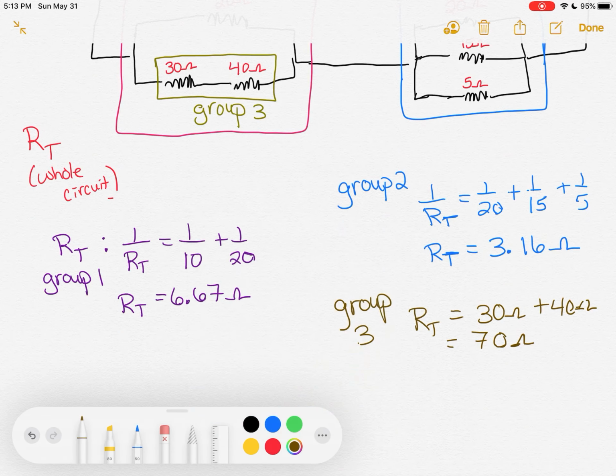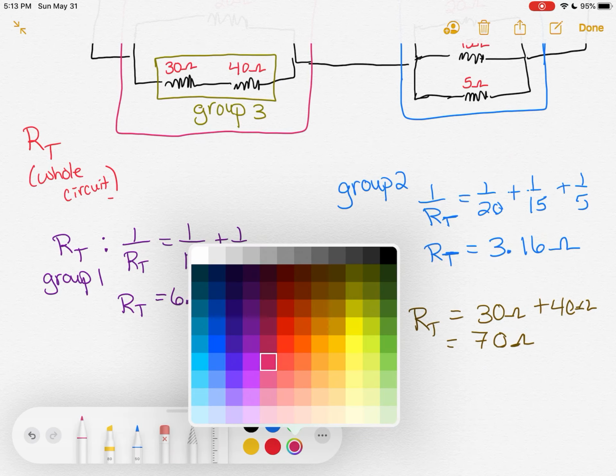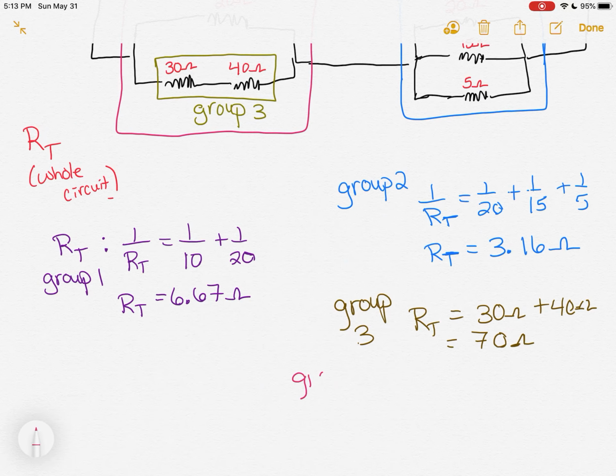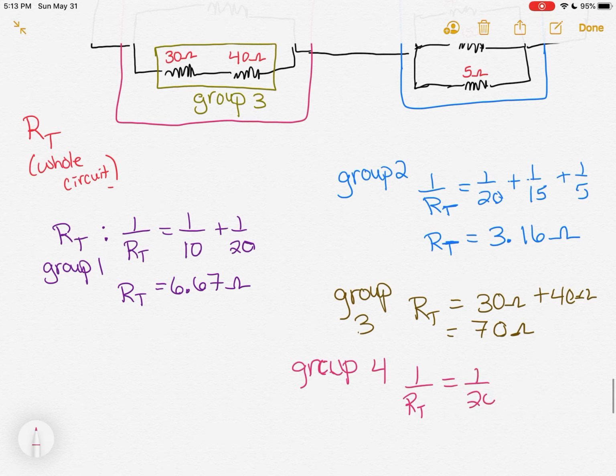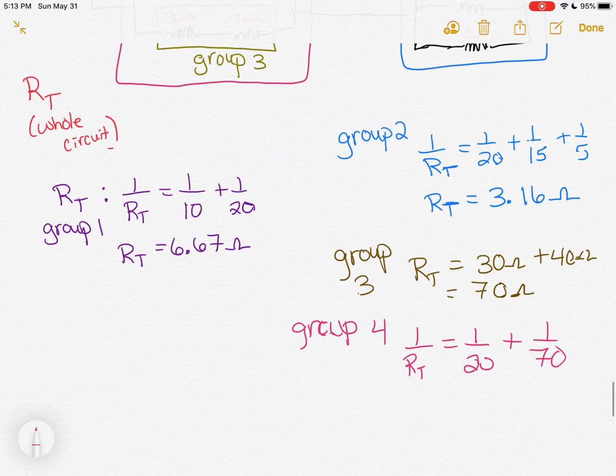So it's 70 ohms, okay? And then when we're ready for our group 4, so that's going to be in parallel again. So 1 over our RT is going to be 1 over 20 plus 1 over our 70 for the bottom section.